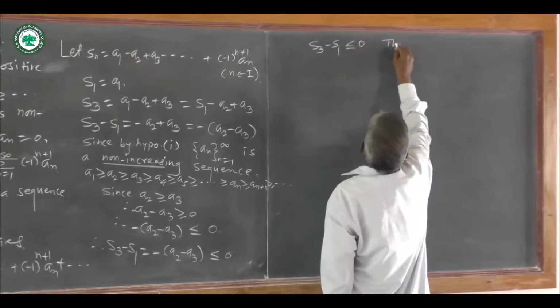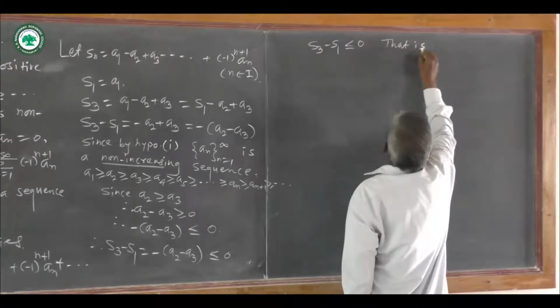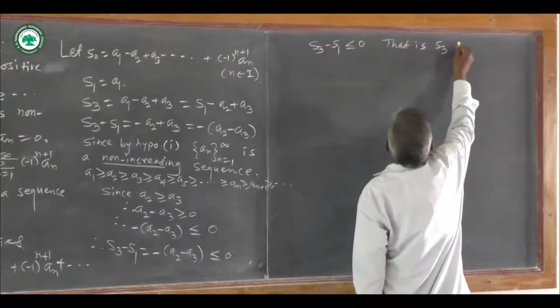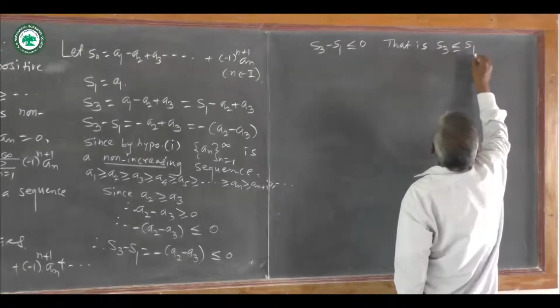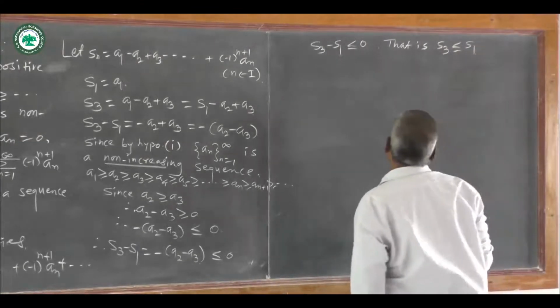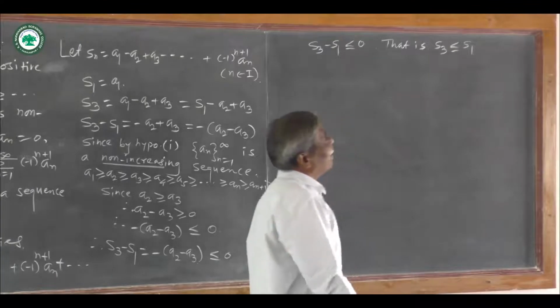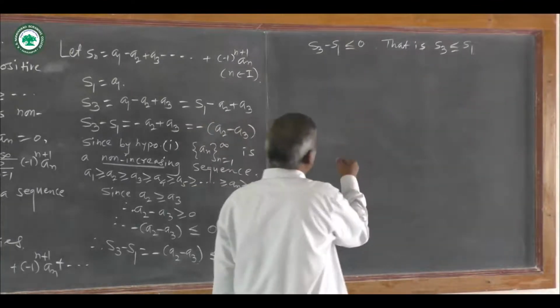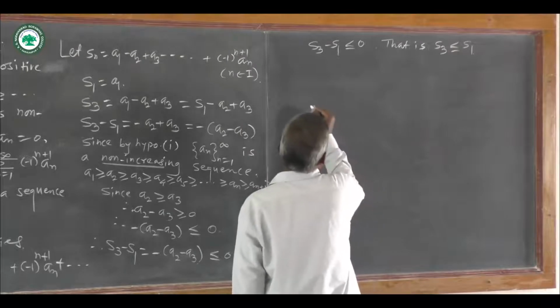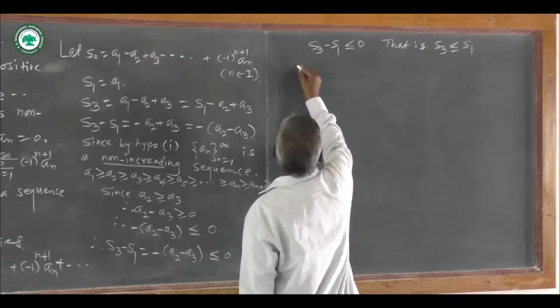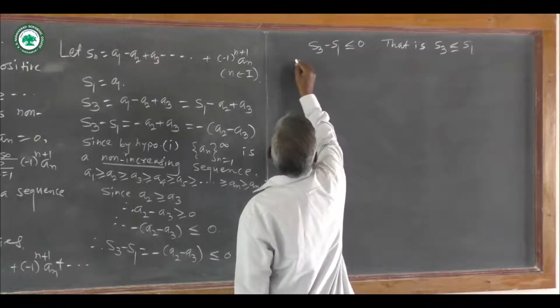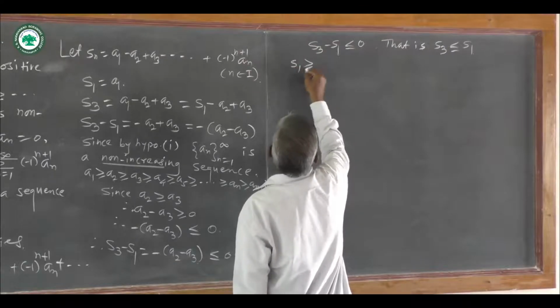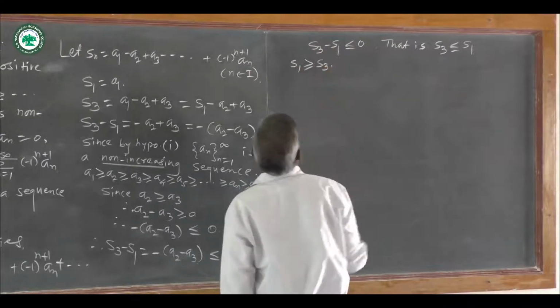That is, S3 is less than or equal to S1. Or we say that S1 is greater than or equal to S3. This can be written as S1 is greater than or equal to S3.